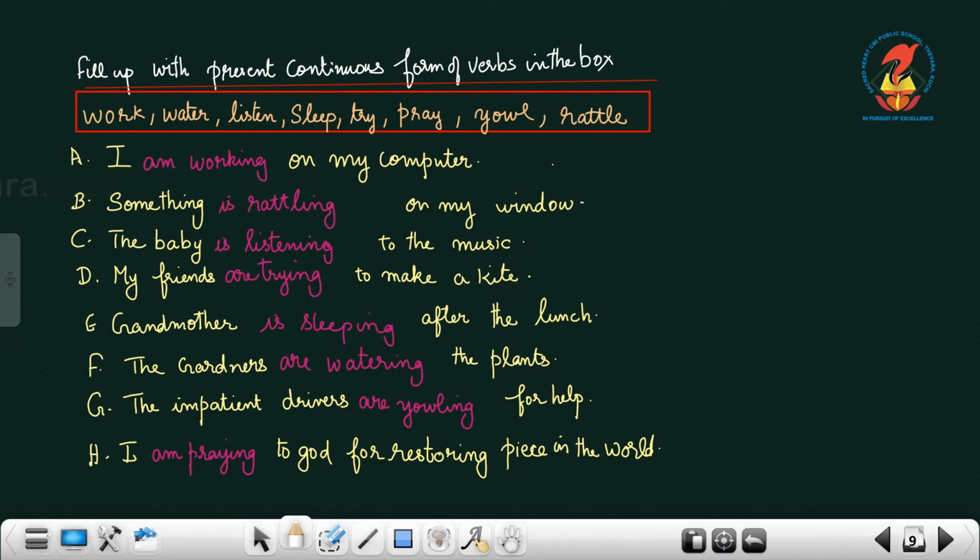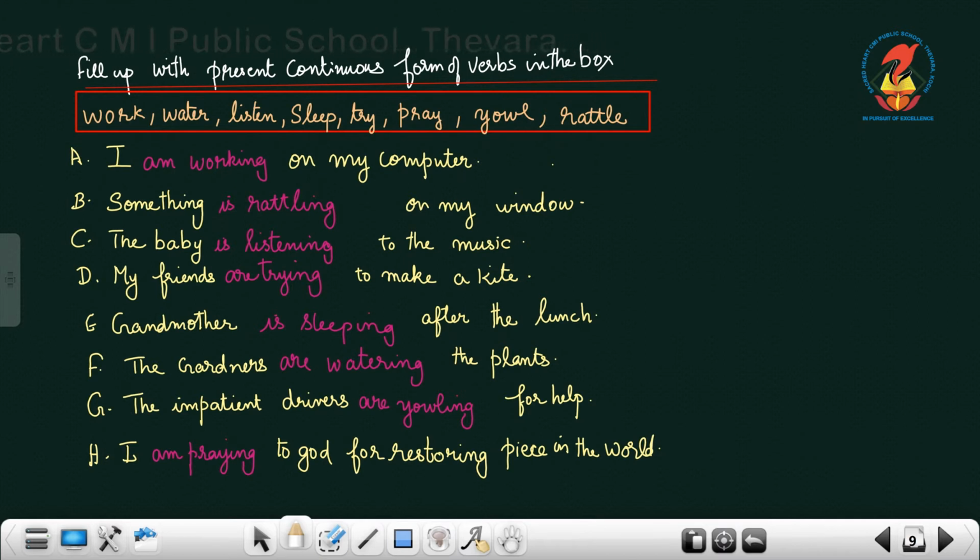The gardeners are watering the plants. More than one person, gardeners, so are watering. The impatient drivers are yowling for help. Yowling means calling out. Okay, calling out for help, crying out for help. The impatient drivers are yowling for help.